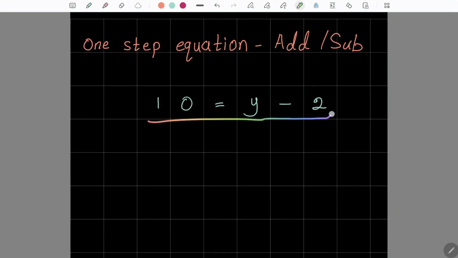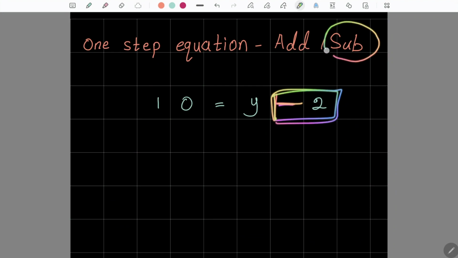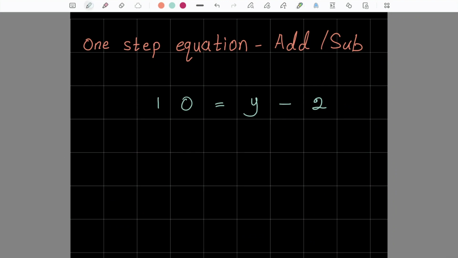10 equals y minus 2. The only difference you would notice is that this is a minus, which is a one-step equation with subtraction. So let's keep the y over here and let's try to cancel this minus 2.